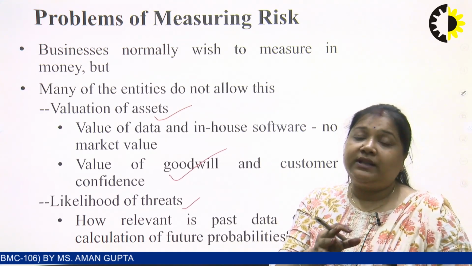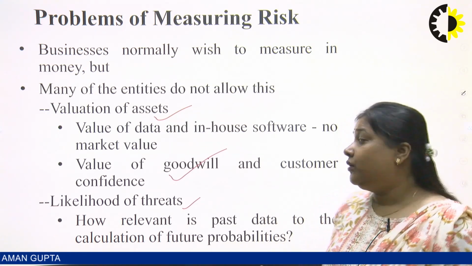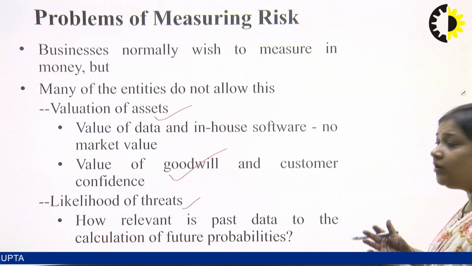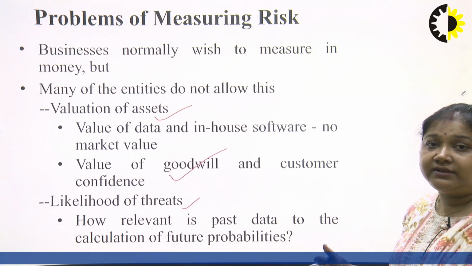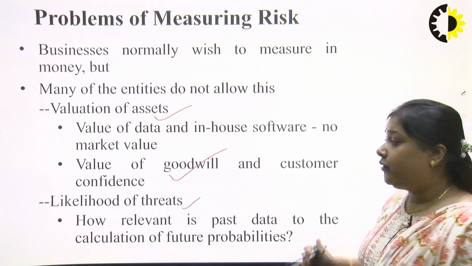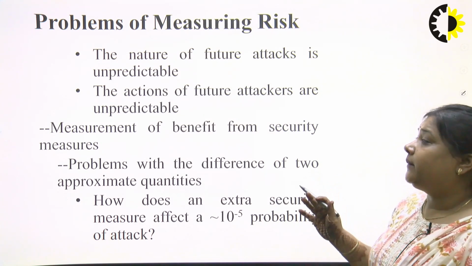It is possible that this virus again attacks our system. We cannot say that the same virus will attack our system later also. The nature of future attacks is unpredictable.